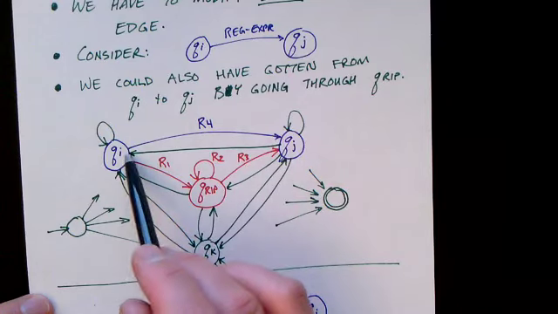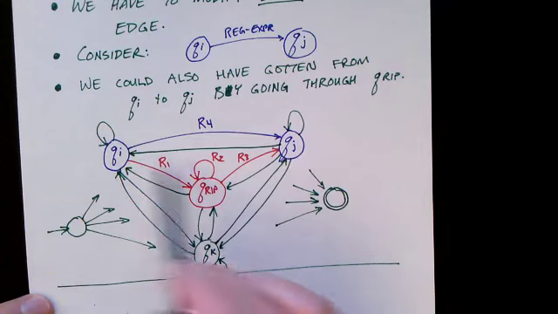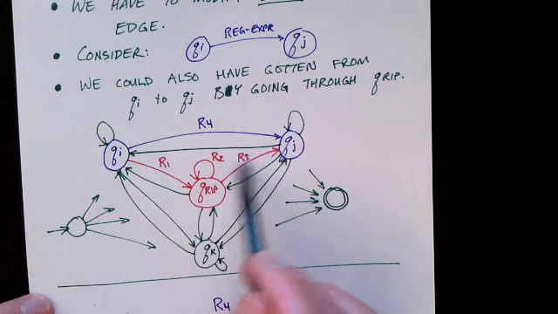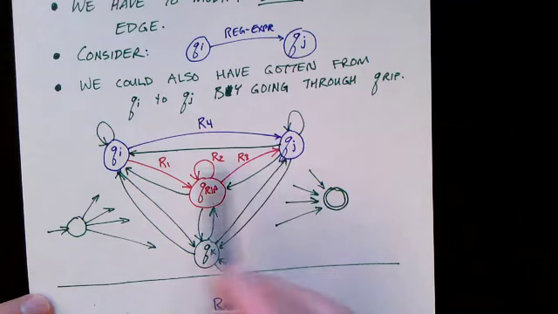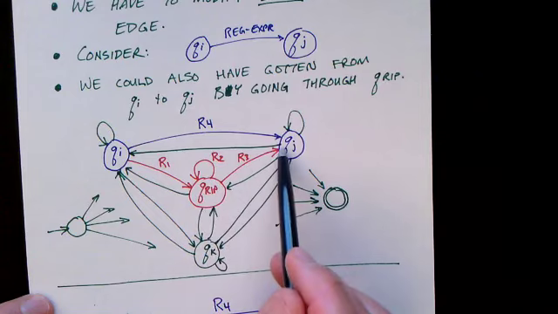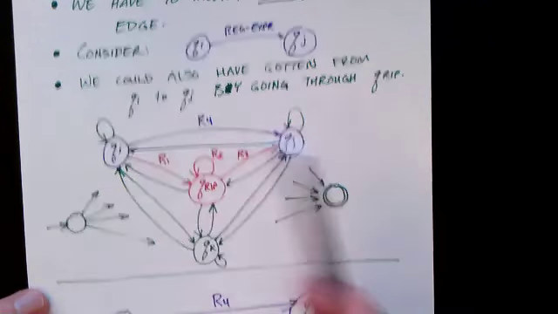Another way to get from i to j is to go through the state that we're removing, and we have regular expressions R1, R2, and R3 to describe those transitions. And so any string that matches R1 followed by 0 or more occurrences of strings that match R2 followed by a string that matches R3 would have gotten us from Qi to Qj. So we need to modify this.